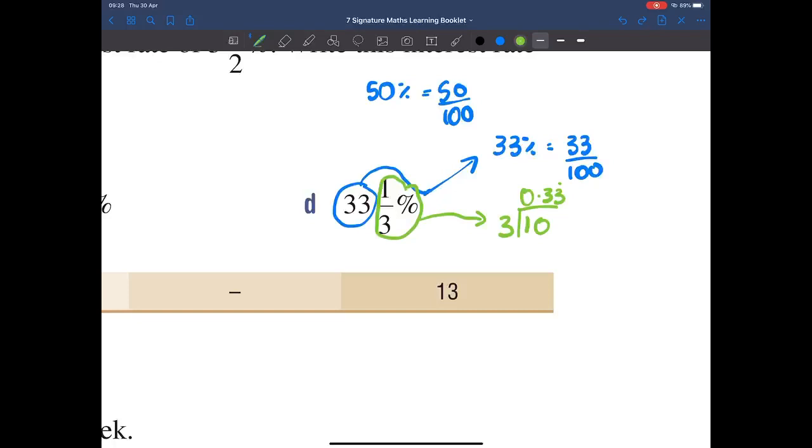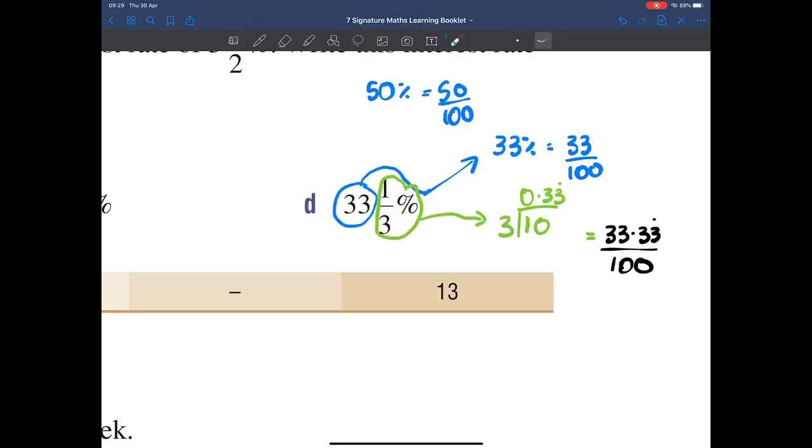So the final answer will be, I'll write it in black, 33.33 recurring out of 100. Hope that helps.